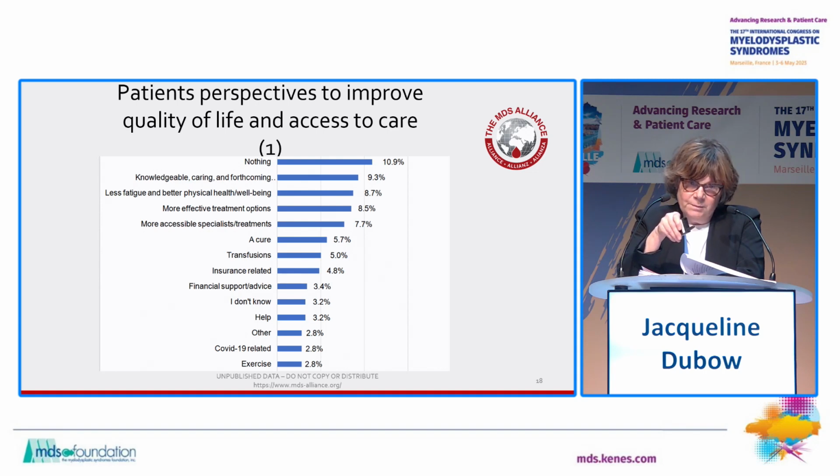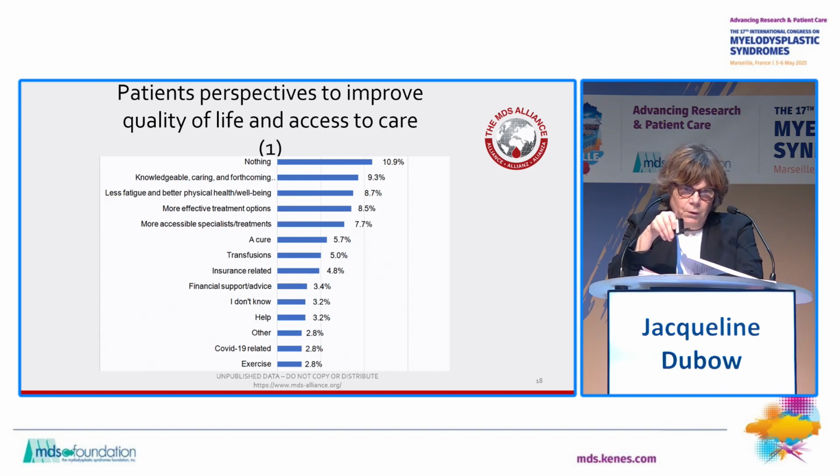They want more treatment options, but it's a fairly low number, 8.5%. Only 5.7% are looking for a cure. You could think that the cure would be at the top. No. Insurance-related, only 4.8%, but this can be explained because most of the patients were living in the US, where the health insurance system is very different from most European countries.